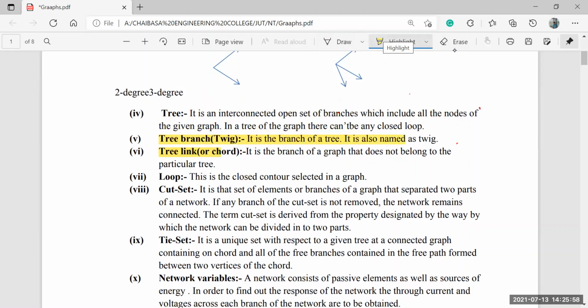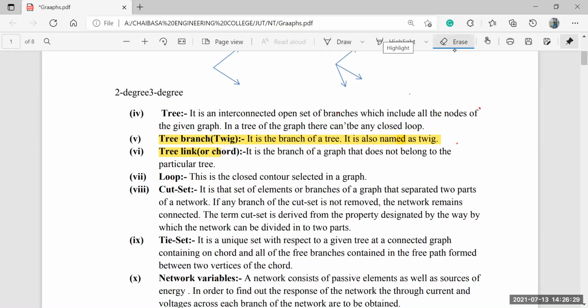When we have drawn a tree like this, we got this tree, so these are your tree branches, the twigs.